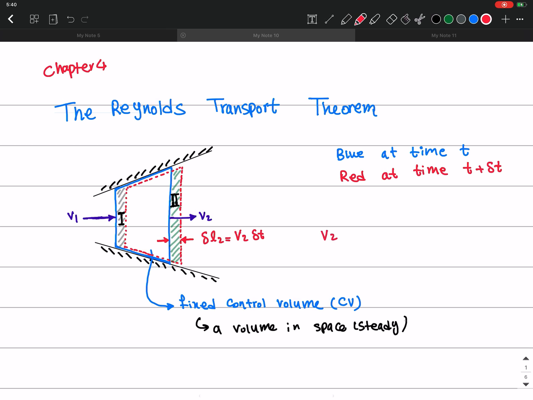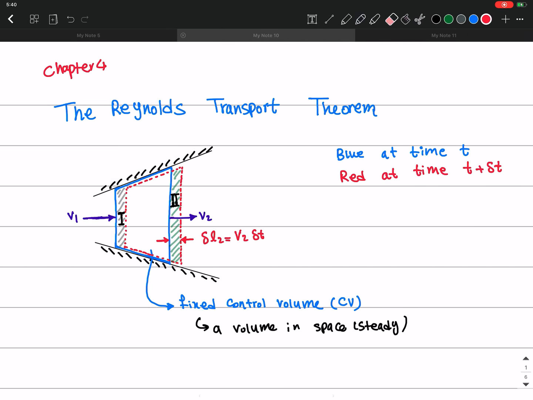Because the definition of velocity is length per time, right? And this is how much we have gone in time delta T. So delta L2 should be V2 times delta T, and that is what I've written here.